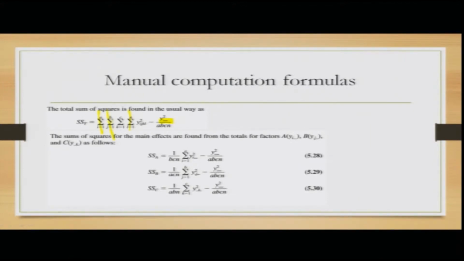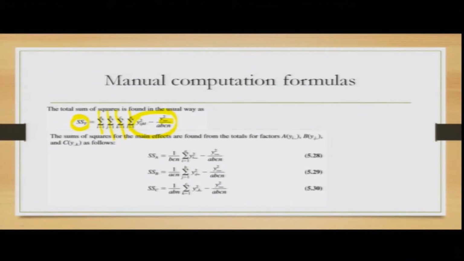Similarly, i was for factor a. For factor c, it is k equal to 1 to small c, and for the observations l equal to 1 to small n. You add up. These are the sums of the squares you want to find out. So, this is the sum of the total squares. You use this formula, find it out, and then put your calculations accordingly.